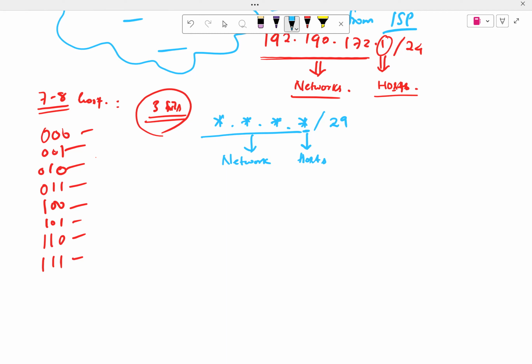Okay, so network and host. That is a way of representing the CIDR notation.